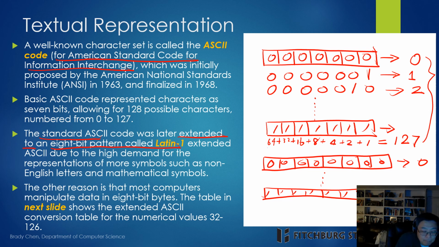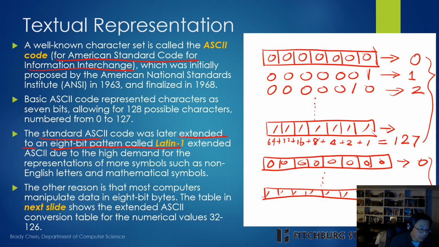So the total number of characters we can represent is 256. That's double the number of 128. So this is one reason why we want to extend the standard ASCII to 8-bit extended ASCII, or the Latin 1.